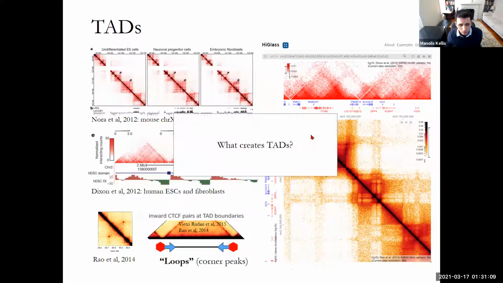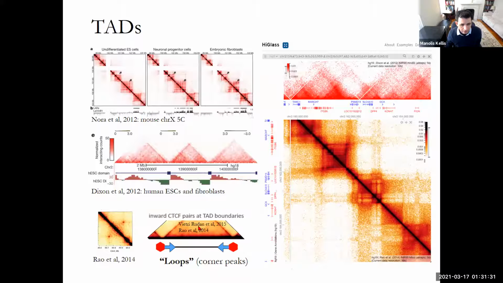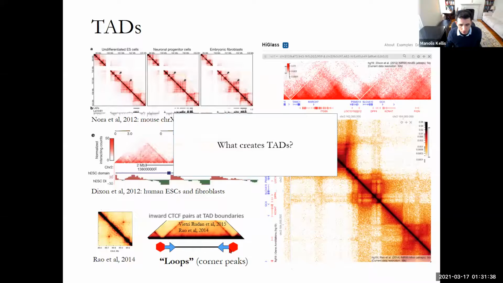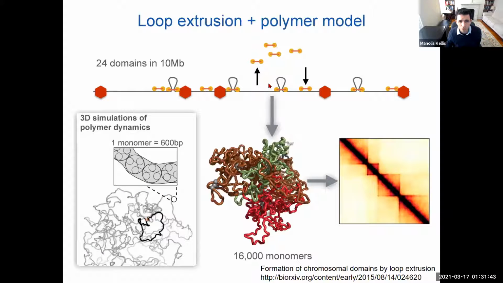Okay, so that basically allows us to now start asking, well, what creates these offshoots, these off-diagonal strong items here? And then what the prevailing model seems to be for these corner peaks, for these loops, is that there's a model whereby different regions would basically come towards each other by a process of loop extrusion.